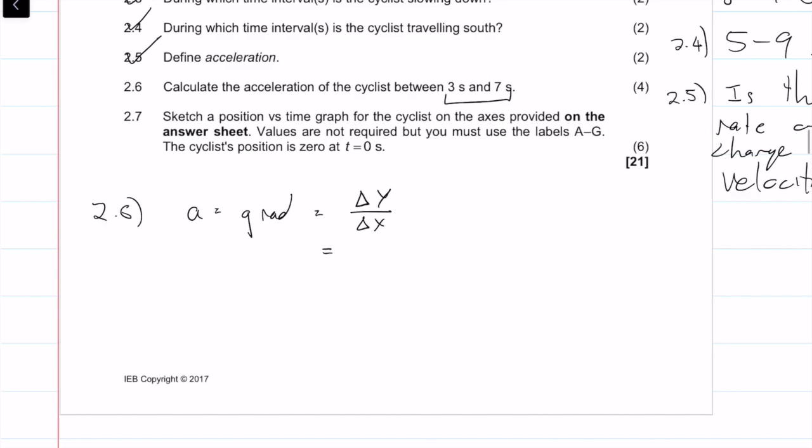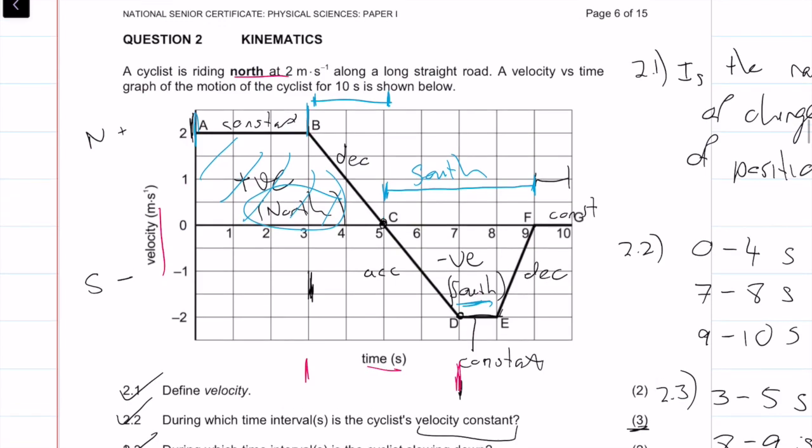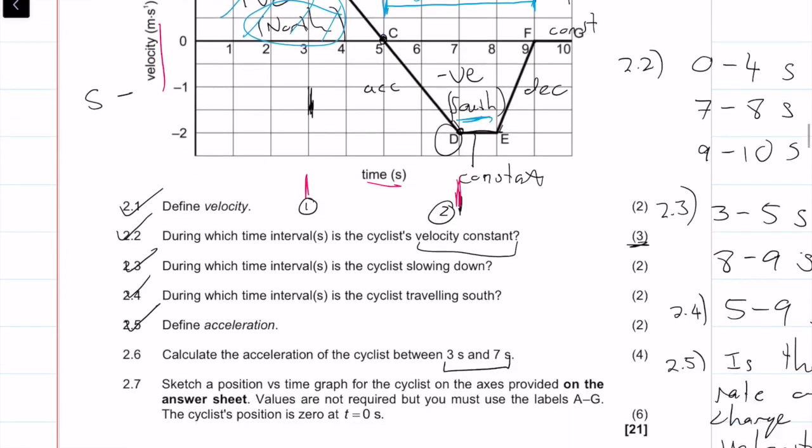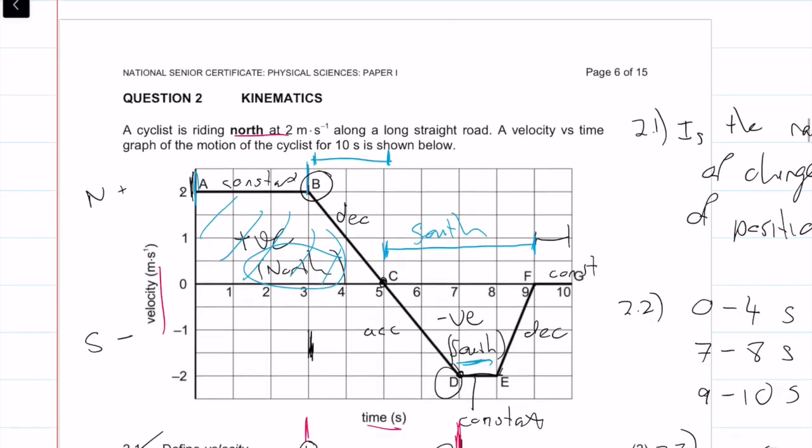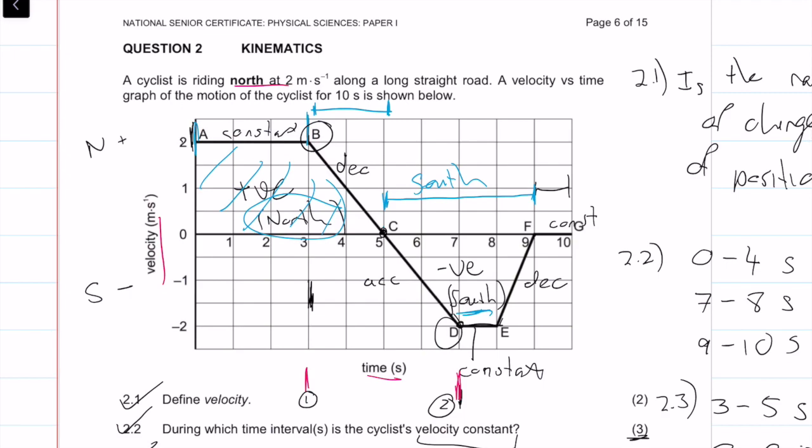Let's choose b and d. So change in y is 2 minus minus 2, so we have 2 minus minus 2 over change in x. The x value here is 3.